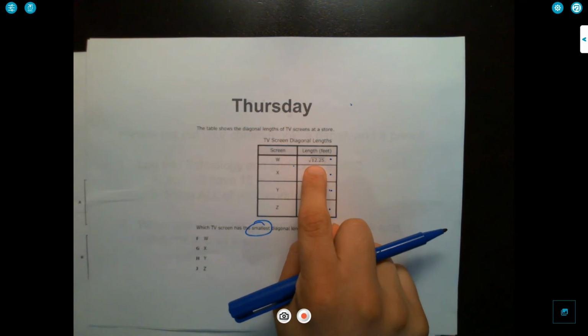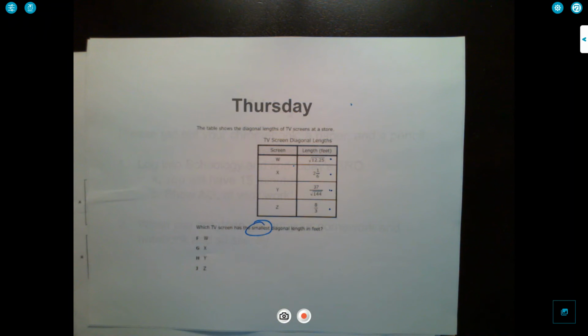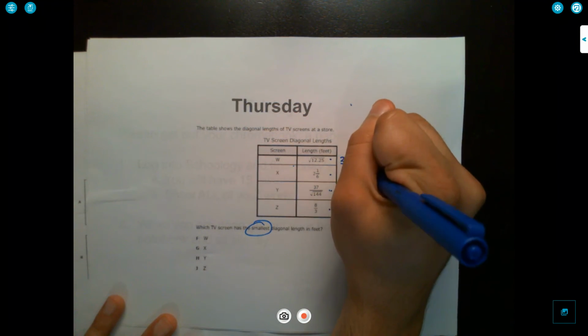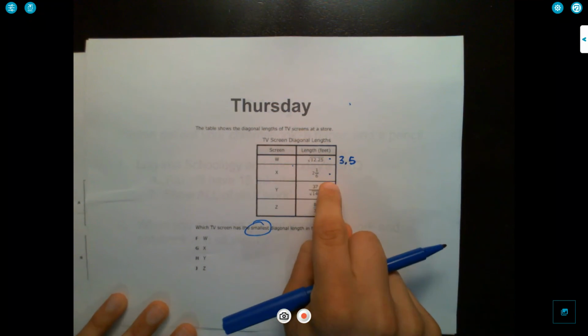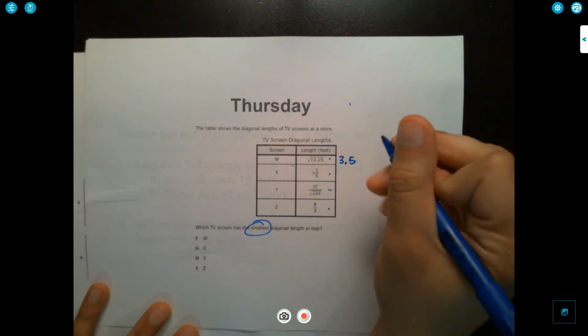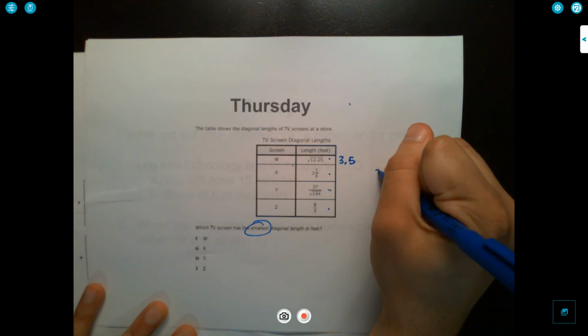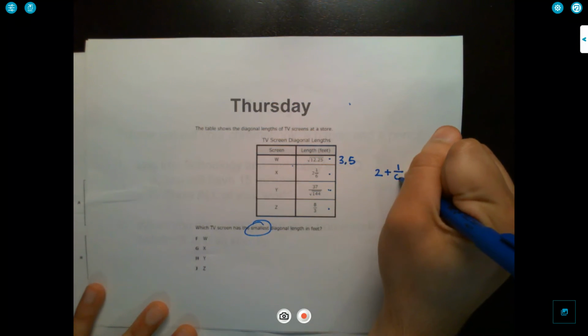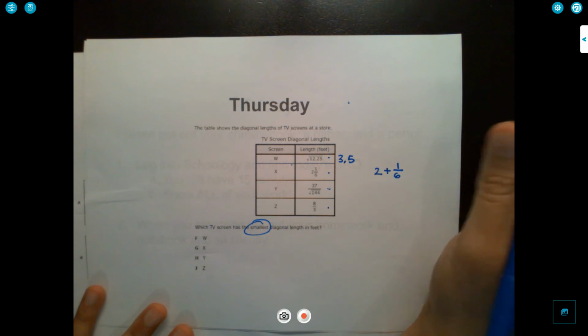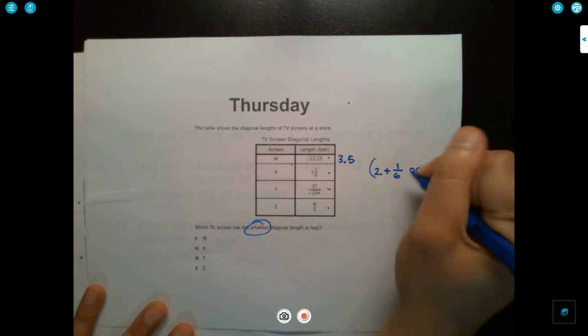Okay, root 12.25. Type that in. I get 3.5. And then 2 and 1/6. Remember, you type that in the calculator as 2 plus 1 divided by 6. Or you can turn it into an improper fraction.